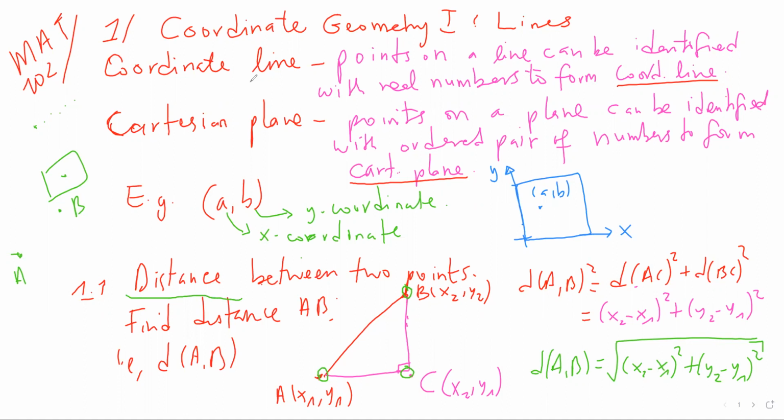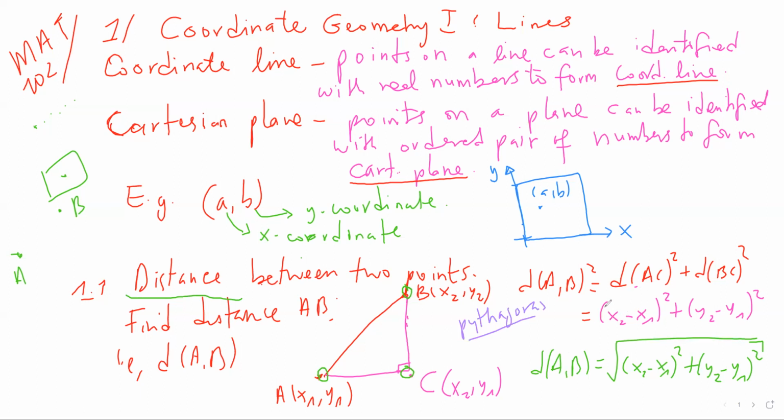The Pythagoras theorem says that the distance AB squared is the sum of the squares of the distances AC and BC.